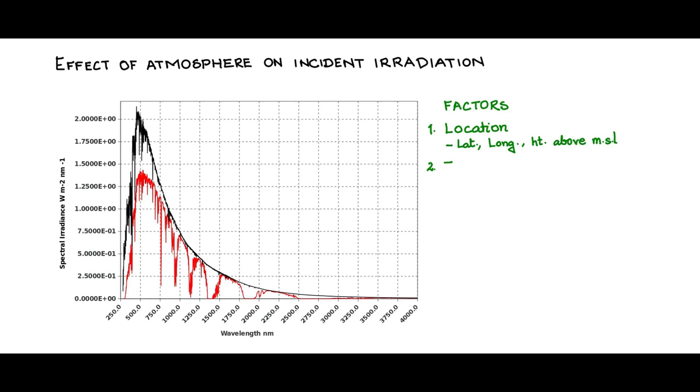Now the second important point is the time of day. This is the hour angle. We have seen its effect. The time of the year, which is the declination, we have seen its effect too. And the angle of the collector tilt, beta, we have seen this effect also.